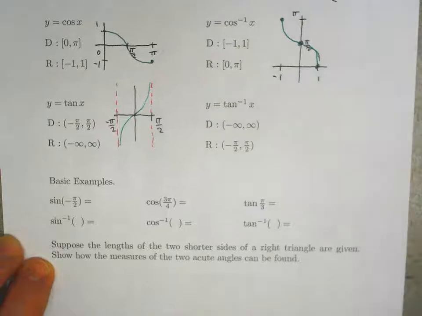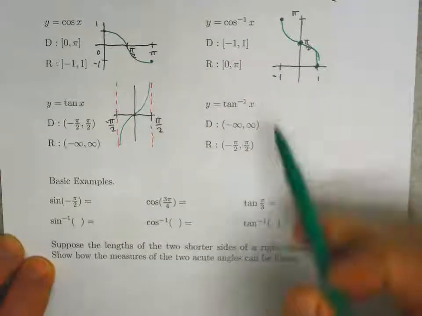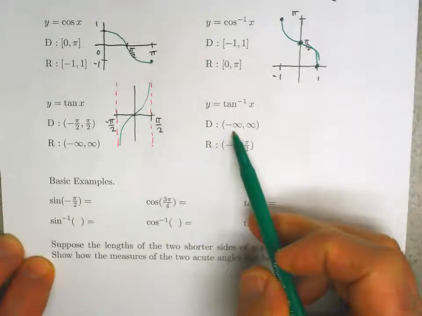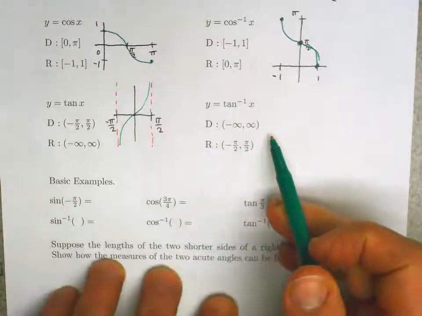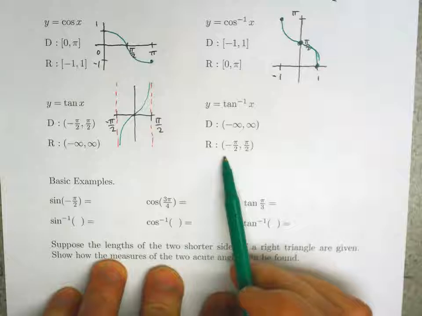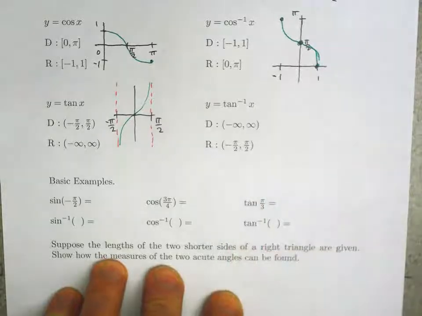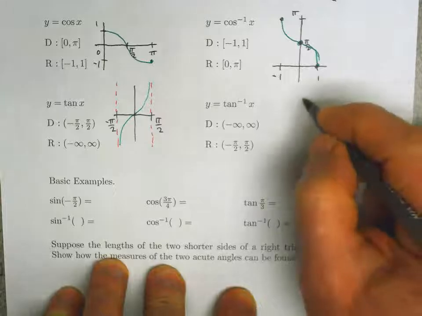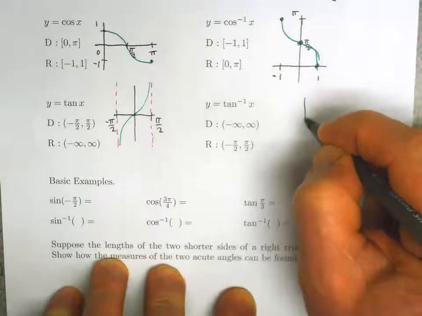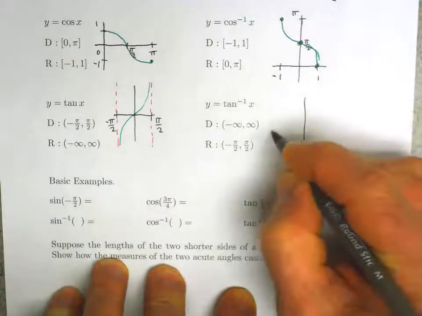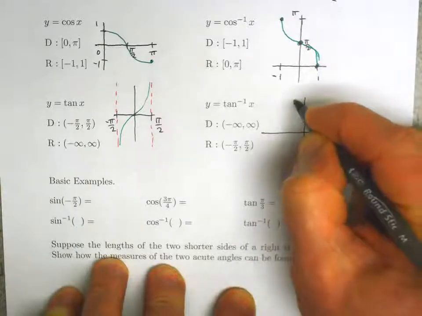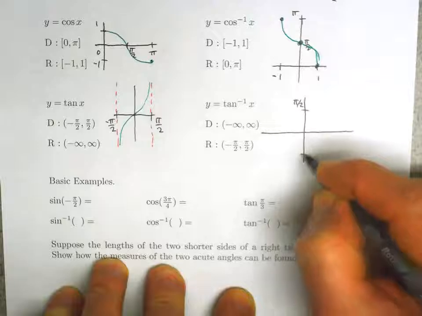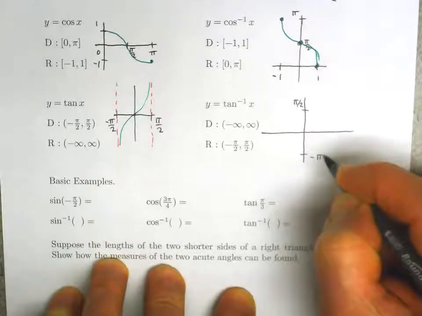For y equals inverse tangent of x, the domain is all real numbers from negative infinity to positive infinity, and the range will be between negative pi over 2 and pi over 2. So the inverse function has horizontal asymptotes at negative pi over 2 and pi over 2.